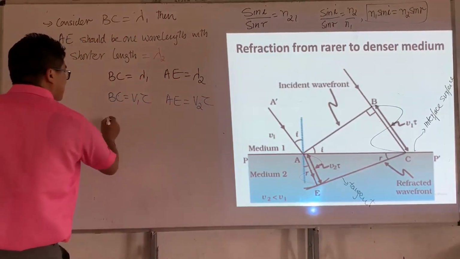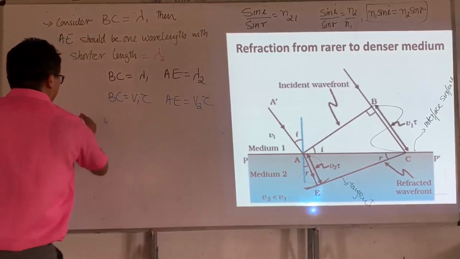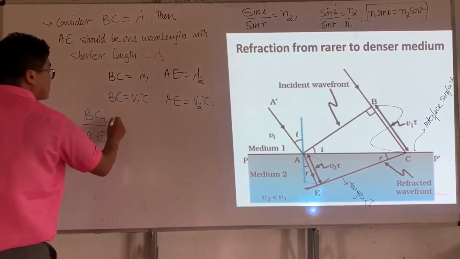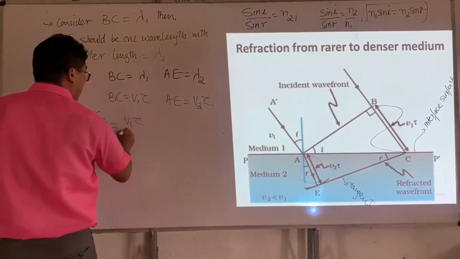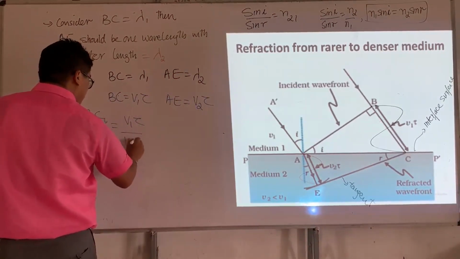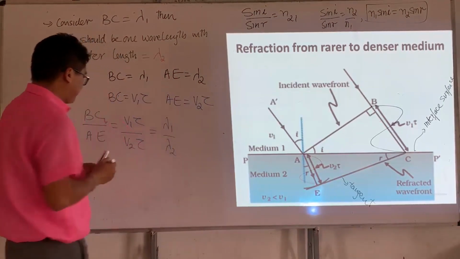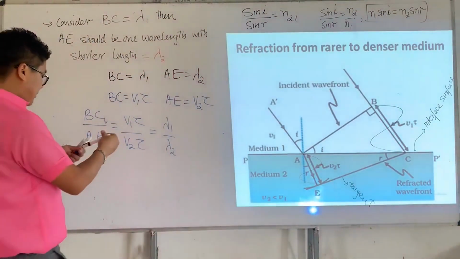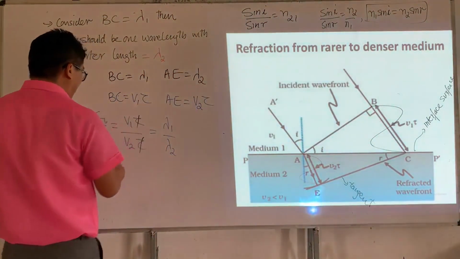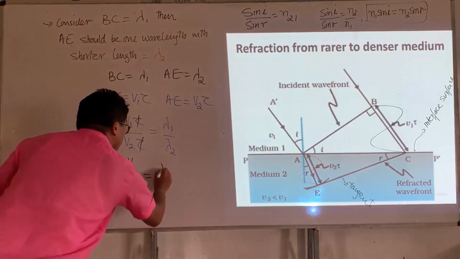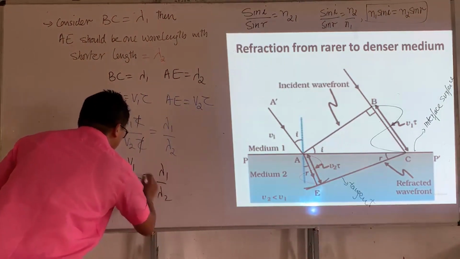So I just divide these two. BC divided by AE is V1 tau divided by V2 tau, which is equal to wavelength 1 by wavelength 2. So tau cancels out. V1 divided by V2 is equal to lambda 1 divided by lambda 2.